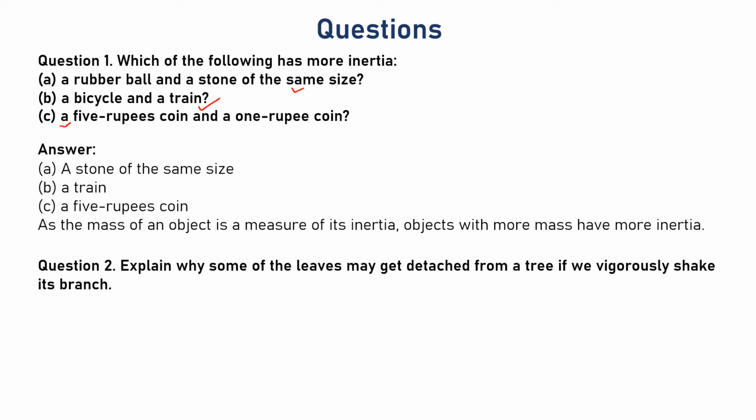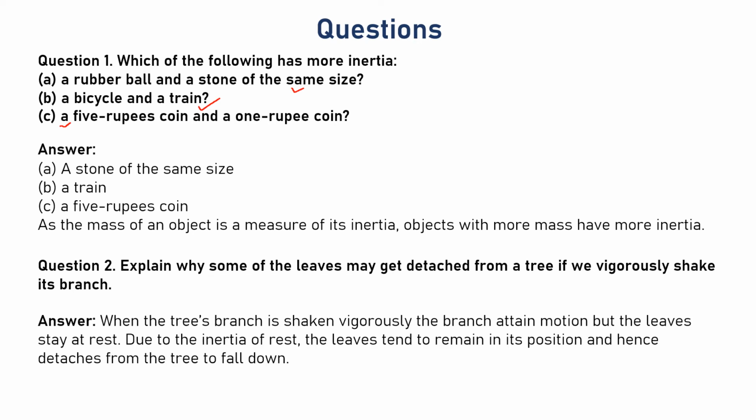Question number 2: explain why some of the leaves may get detached from a tree if we vigorously shake the branch. See, if you vigorously shake the branch, what happens? The leaves want to remain in a state of rest, but you are shaking the branch, right? Because of that force, the leaves get detached from the branch and fall off.